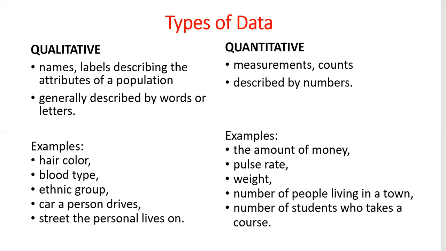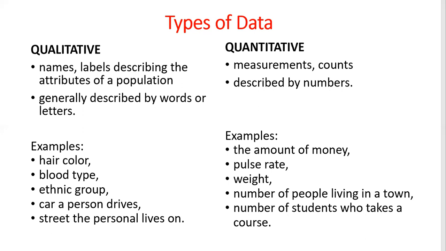The qualitative data consists of names and labels describing the attributes of a population, such as hair color, blood type, ethnic group, the car a person drives, or the street that the person lives on. Qualitative data are generally described by words or letters.